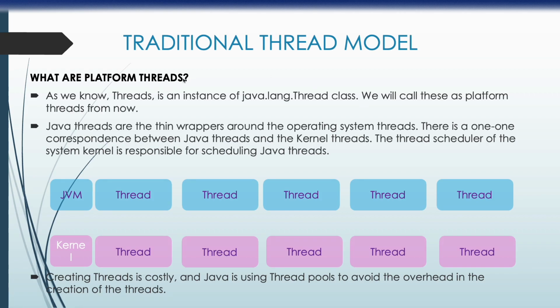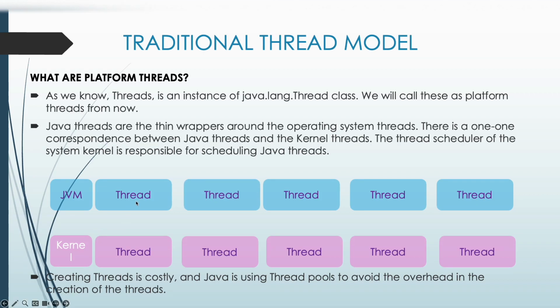So, what are these platform threads? Platform threads are nothing but thin wrappers around the operating system threads. There is always a one-to-one correspondence between the Java threads and the kernel threads. What does that mean? When we create a platform thread, it directly corresponds to a kernel thread, and the system kernel is responsible for scheduling these Java threads.